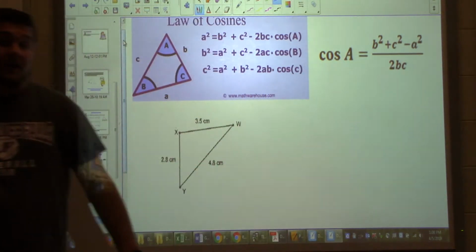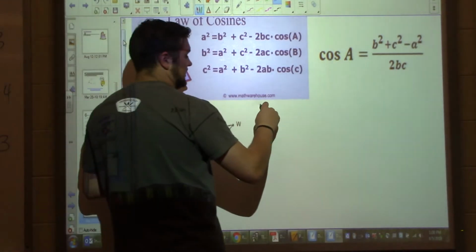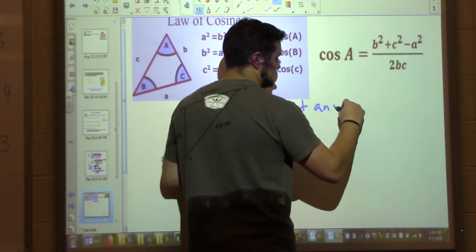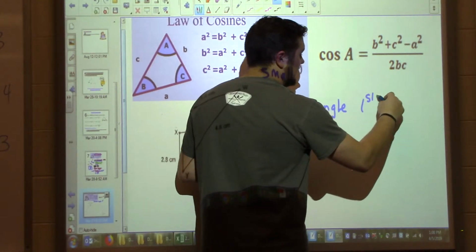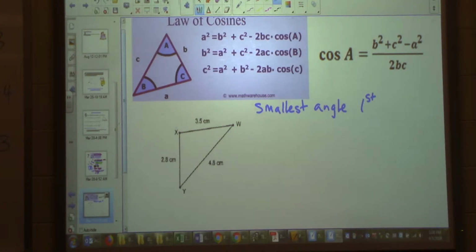Now, a hint, maybe I'd write down on my paper: if we're given all three side lengths, I would always start by finding the smallest angle first. How do you know which one's going to be the smallest angle? Let's think about it a little bit.